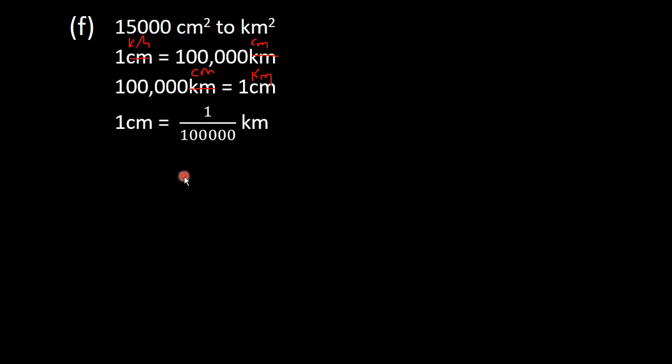Now we have that equivalence in linear units. If you want square units, we square both sides. So 1 centimeter times 1 centimeter is equivalent to 1 over 100,000 kilometer times 1 over 100,000 kilometer.